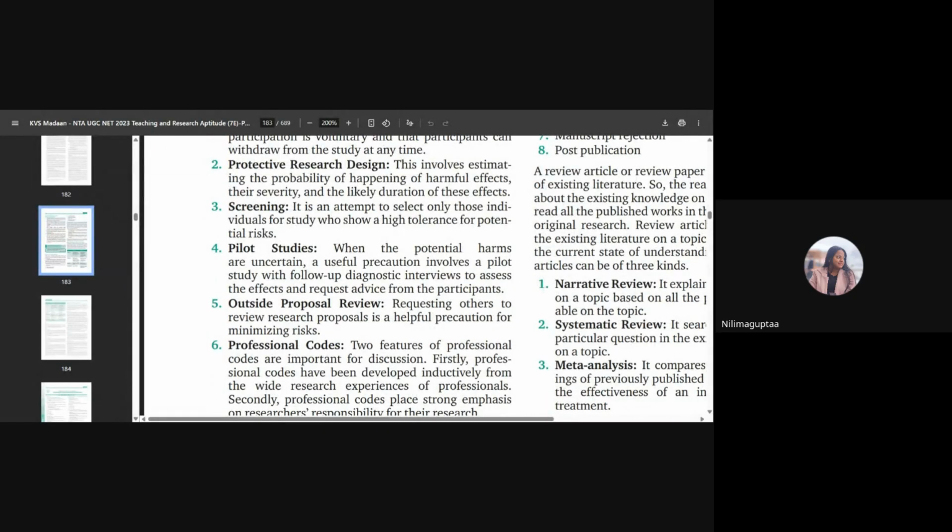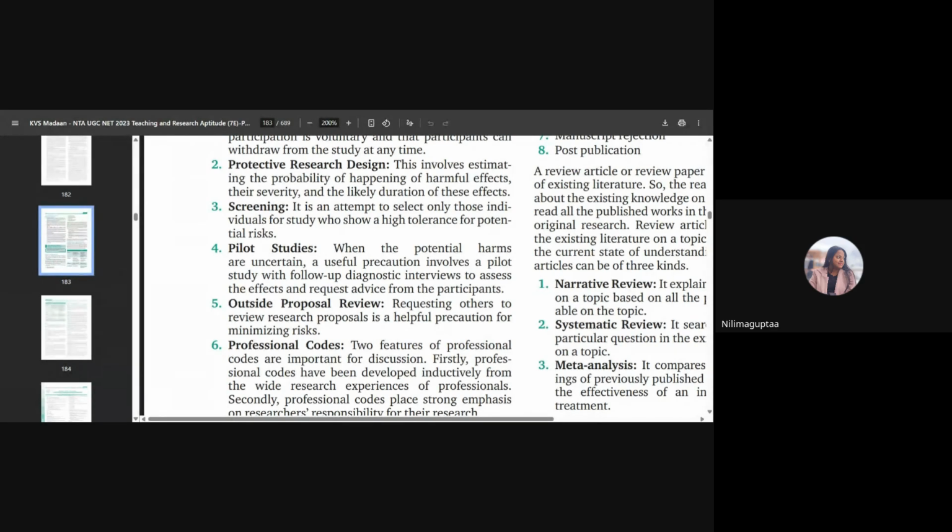And before any research that is to be done, it is always advised to conduct a pilot study. Okay, a pilot study helps you to know a certain idea. Will it be positive, negative, or how harmful it will be? So instead of conducting the research directly on 400, 500 people, rather conduct research at least on 10 people and see how good it is.